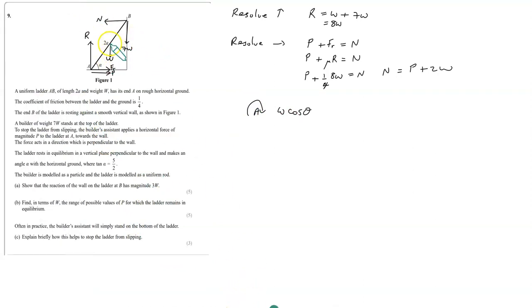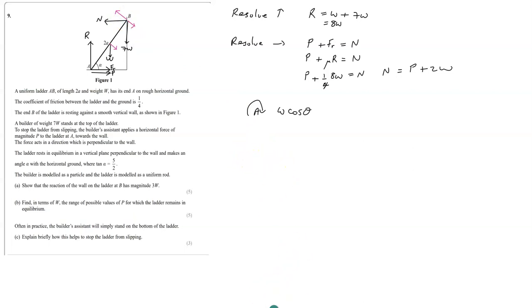We're actually using that force there, resolving perpendicular to the ladder. We're going to have to do the same with the 7W force there, and also with the reaction of the wall up there.